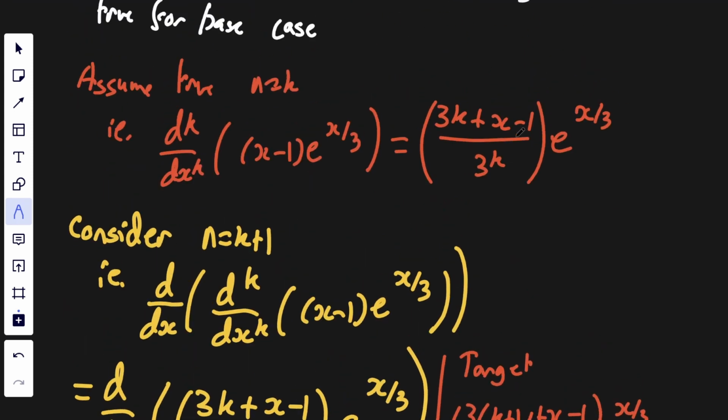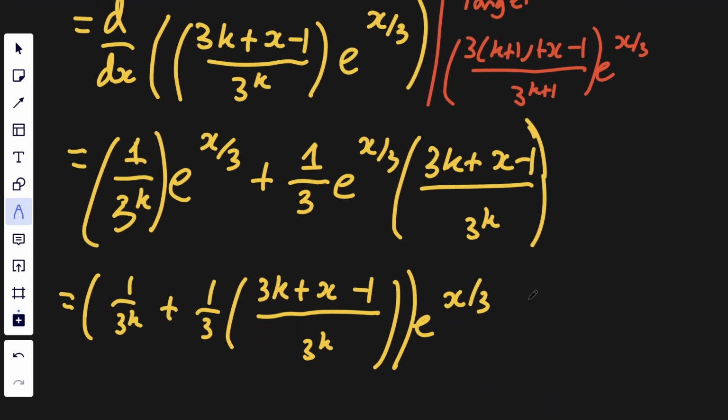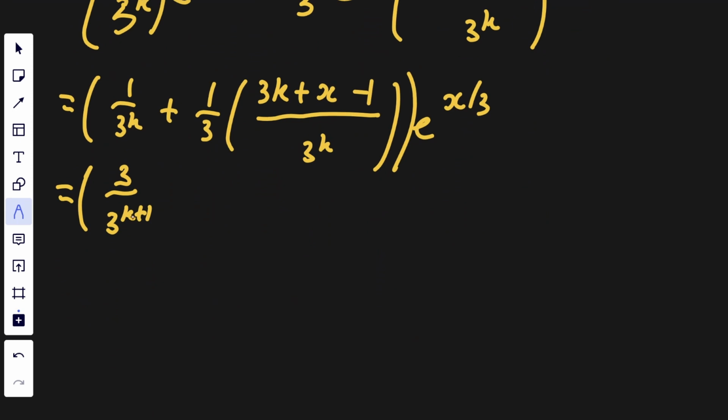Okay, so we've got the e^(x/3). Next, we need one common fraction where the bottom is going to be 3 to the k plus 1. So we're going to have 3 over 3 to the k plus 1, where I've just multiplied top and bottom by 3 to get that denominator. This one, well, actually, it's going to have a denominator of 3 to the k plus 1 anyway.